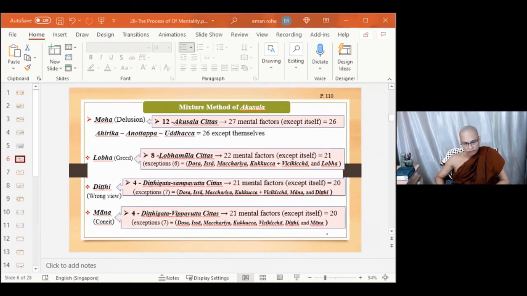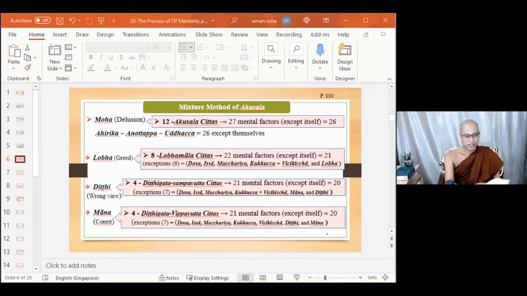When you show only "except that itself," we understand that one is eliminated and not included. But what are the 26 mental factors? That's where I couldn't find the answer. Can Bhante explain where I can get this information?